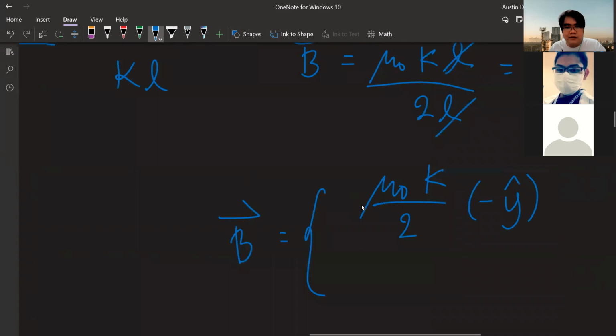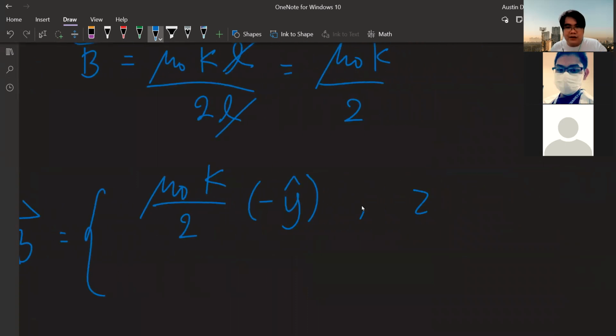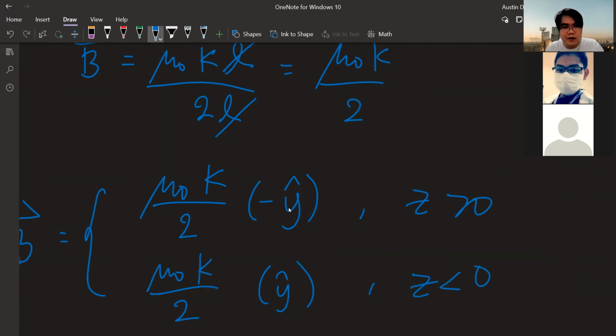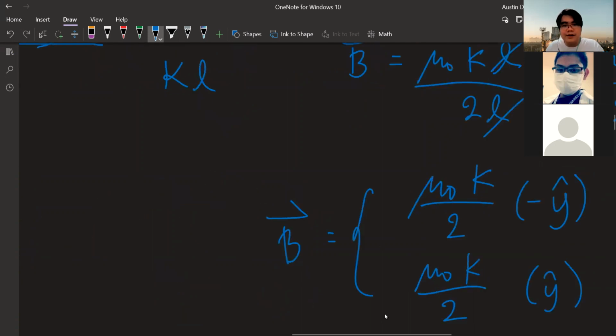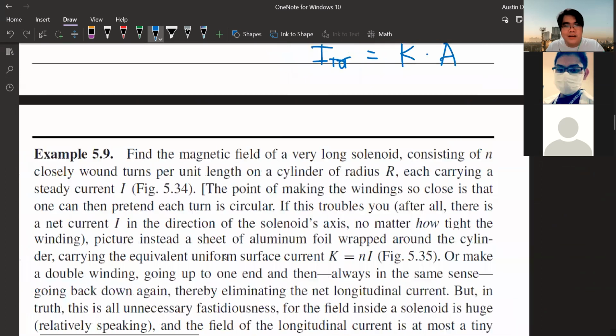And then mu naught K over 2 y hat if z is less than 0. Okay? Amazing. Any question? Kukuha pa ba?